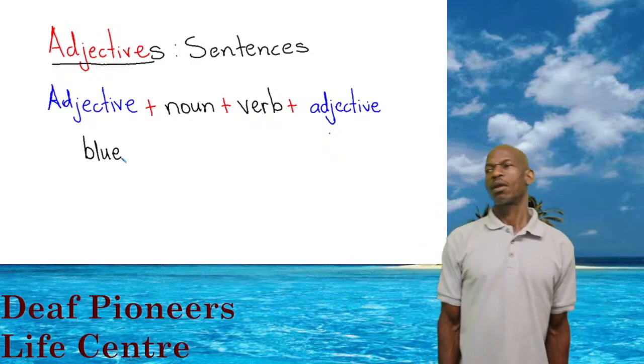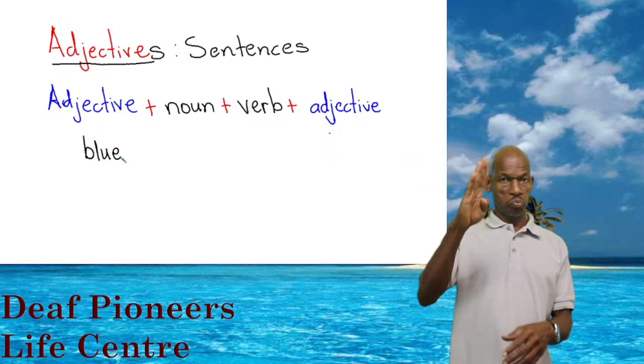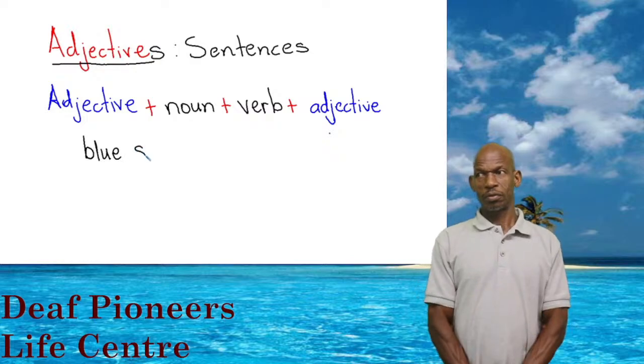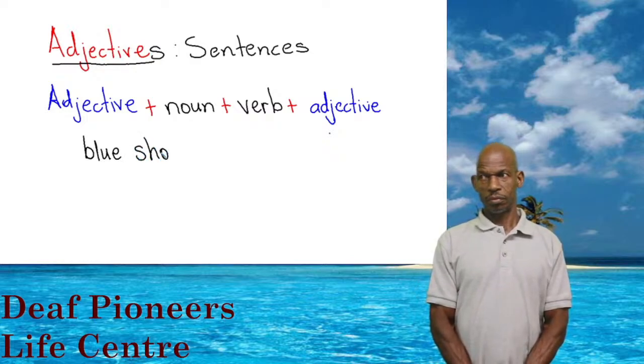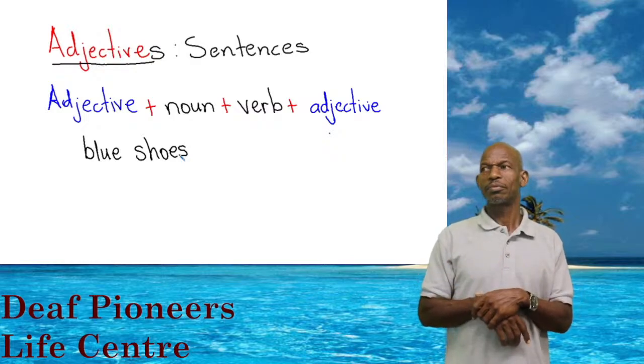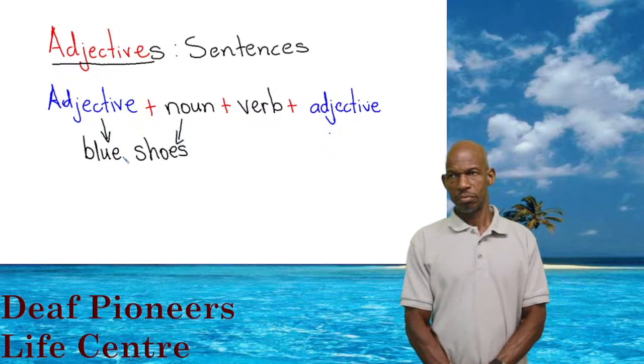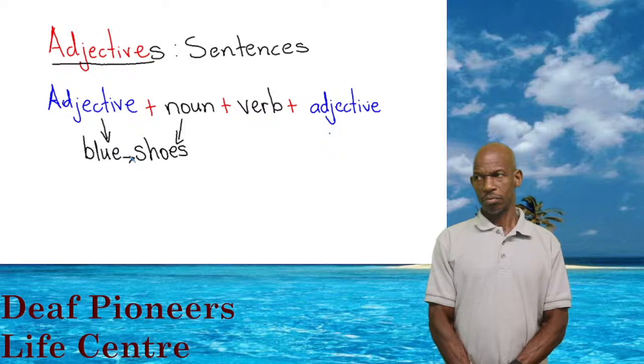We could have blue shoes, and the word shoes, that is a noun. Blue shoes. Then after the noun, so this is the adjective, this is the noun. Next, what goes next? The verb.